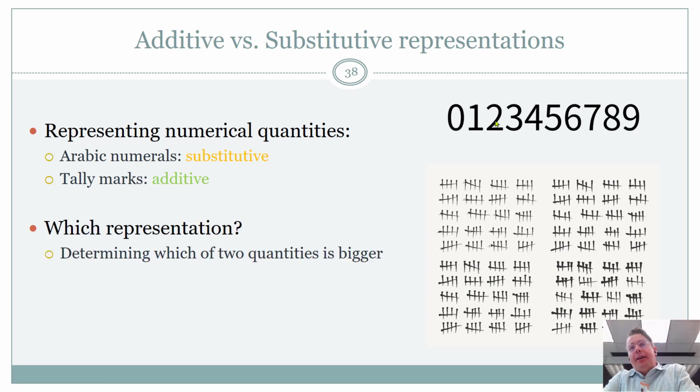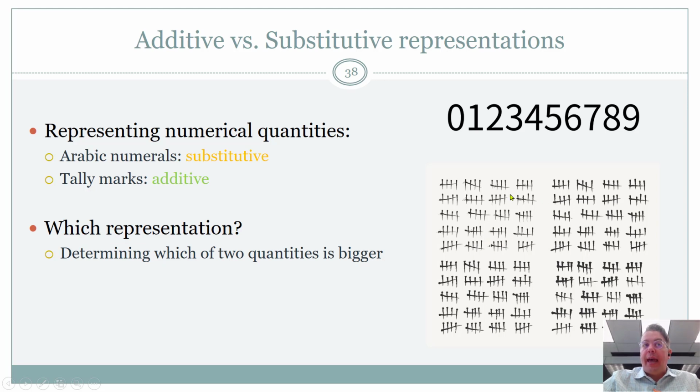So you could ask yourself, which representation is better for deciding which of these two numbers is larger? If it's 1,092 versus 1,045, you might say, I don't want to try to count this many tallies. But if you just have them all lined up, the length of my tally board naturally communicates which one is bigger.